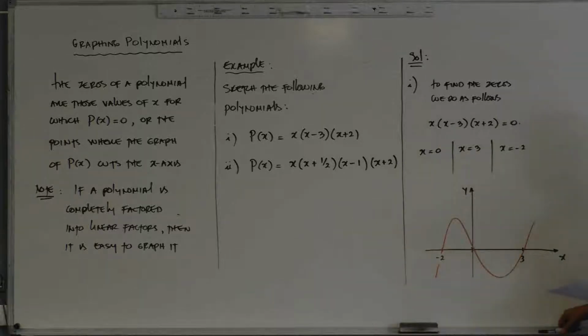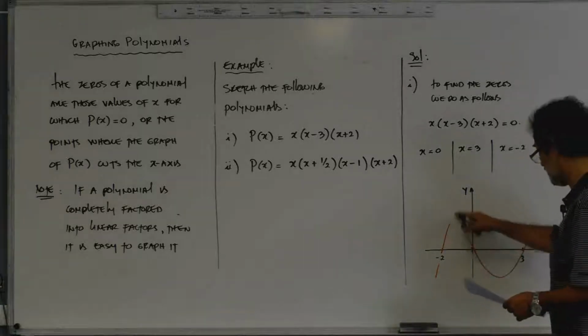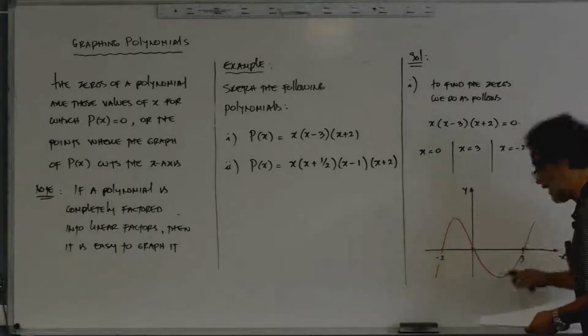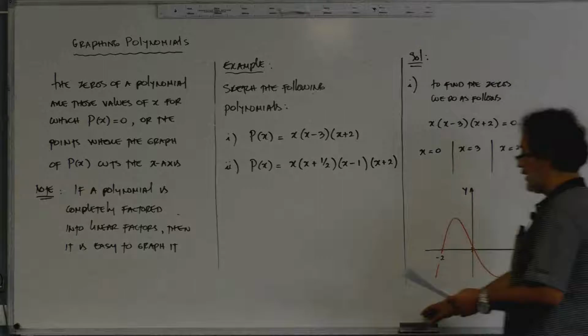Once you learn how to find that point, it will look different. For now this is only a draft copy, because this could be higher or lower, we don't know. For now, all we know is that it looks something like that.